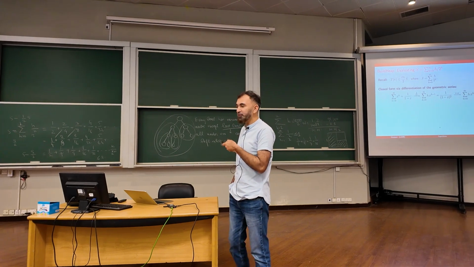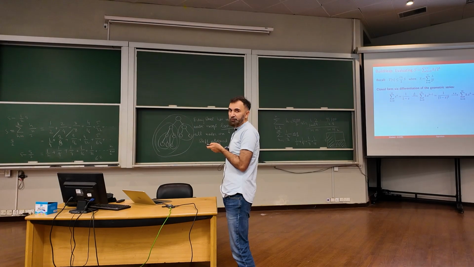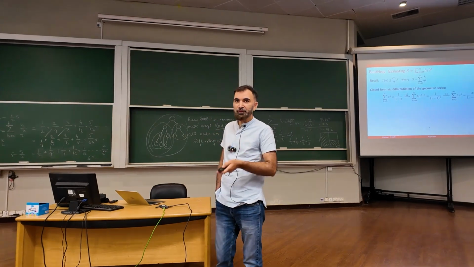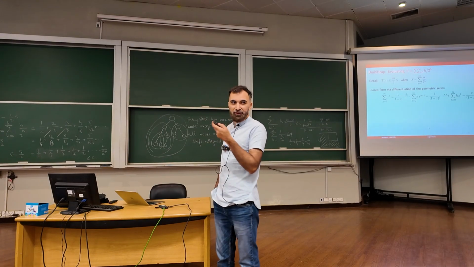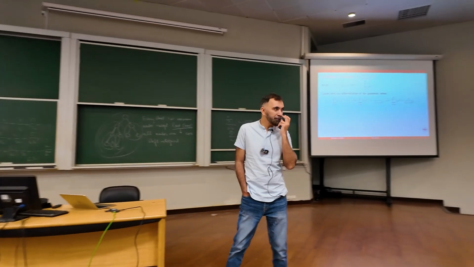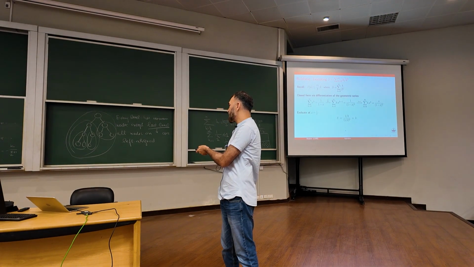You differentiate it with respect to x, and you get k times x to the power k minus 1, which is 1 over 1 minus x squared. And that's what we were looking for, right? You multiply this with x and you get what you were looking for, and this is equal to x over 1 minus x squared. Now if you put x is equal to 1 over 2, you get s, and that's what the geometric series is. Okay? Cool, but this one is much cooler.